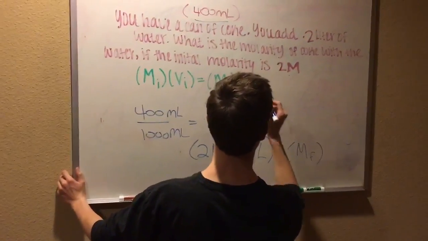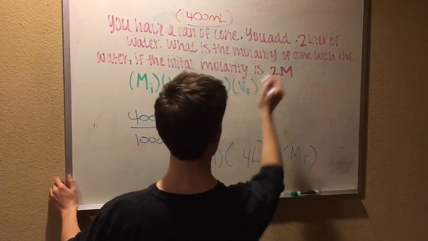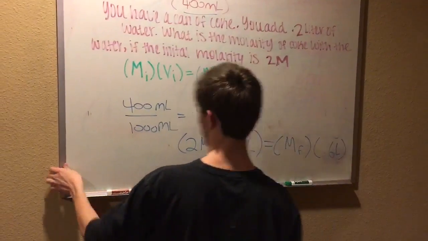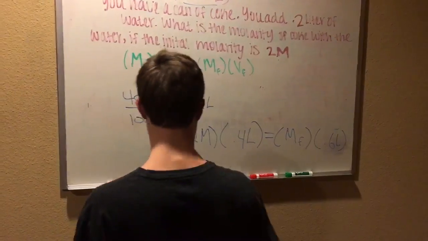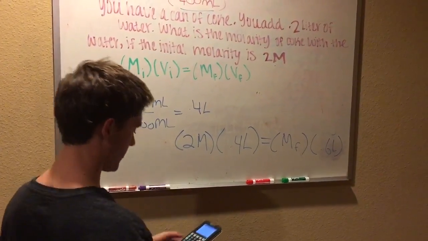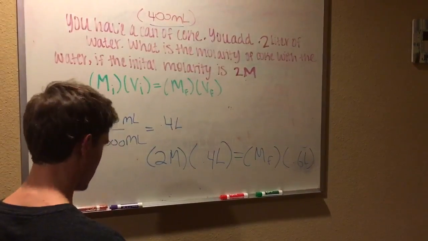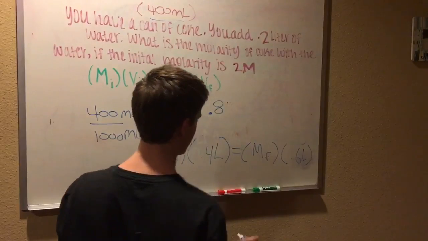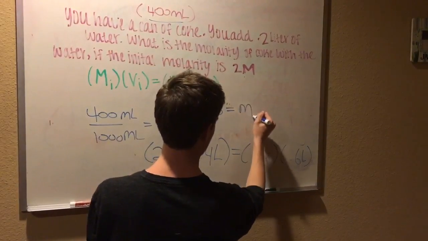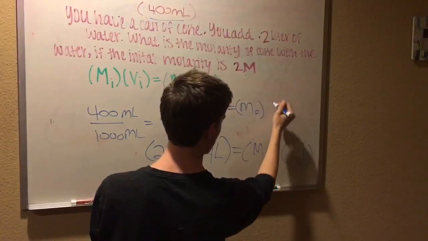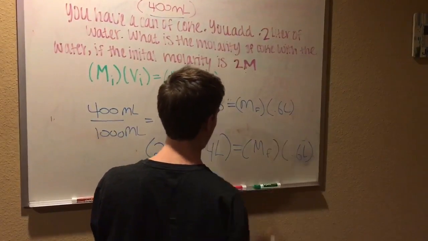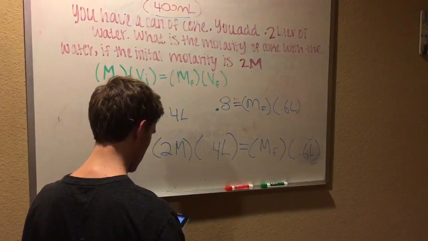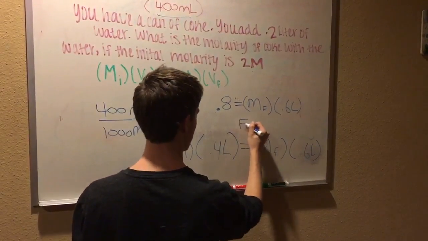And then we have our final, which would be this plus this, 0.6 L. Alright, to solve this, you'd first multiply that, so 2 times 0.4, 0.8 equals molarity final, 0.6, and finally you just divide 0.8 by 0.6. And so for your final molarity, you should get 1.3 repeated.